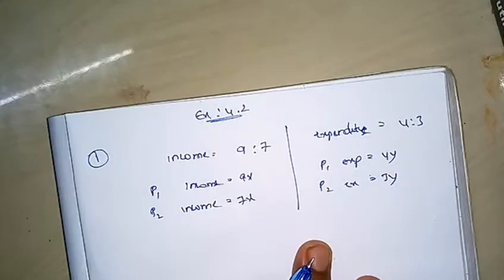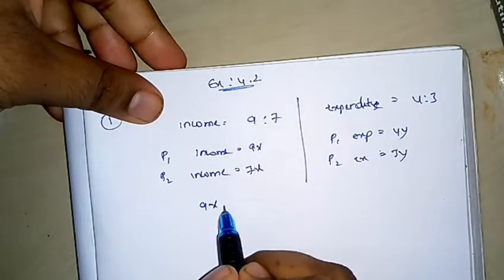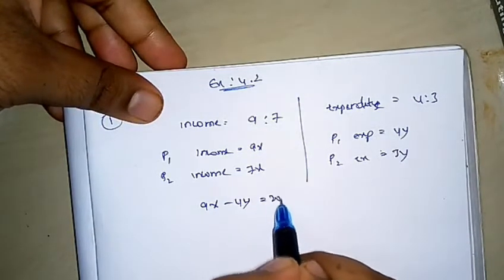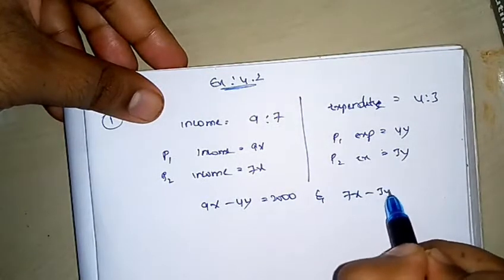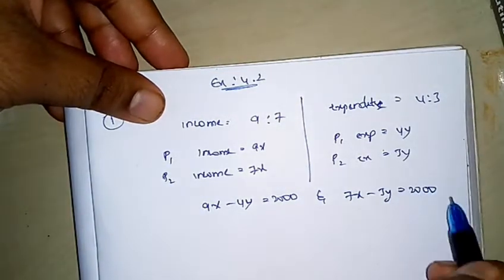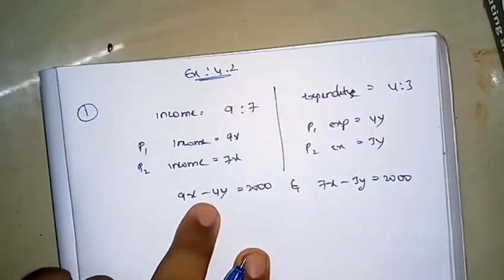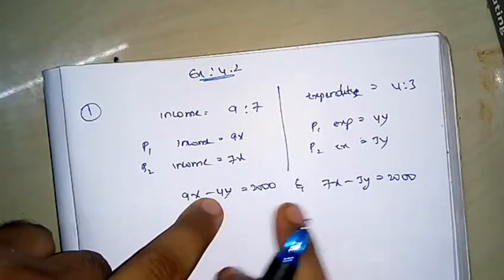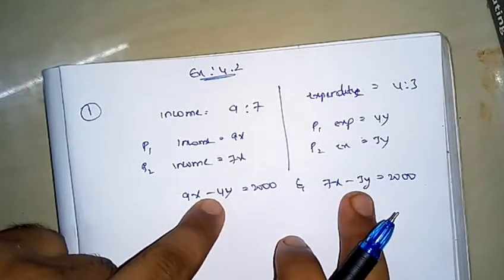If each of them manages to save 2,000 per month, find their monthly incomes. So 9x income minus expenditure 4y is equal to 2,000, and 7x minus 3y is equal to 2,000. Let's use the elimination method. Let's eliminate y. Here minus 4y is there, minus 3y is there, so the LCM will be 12.